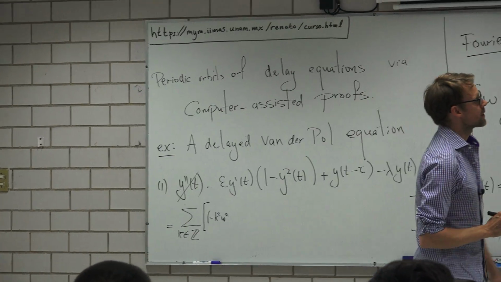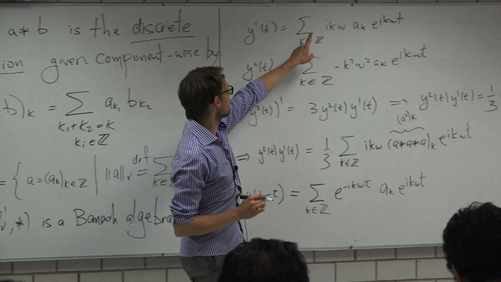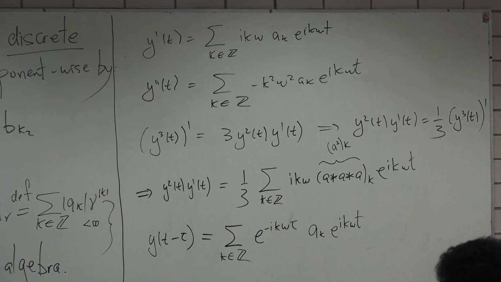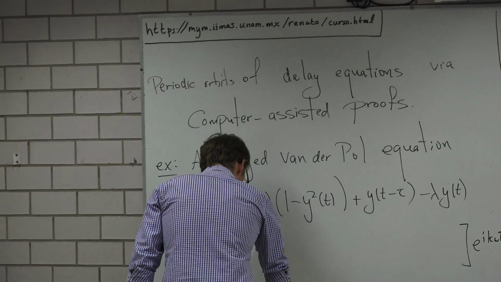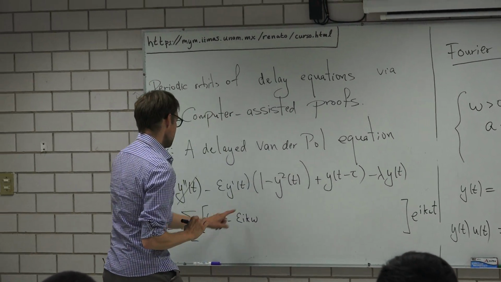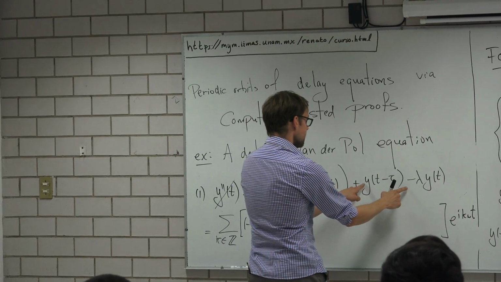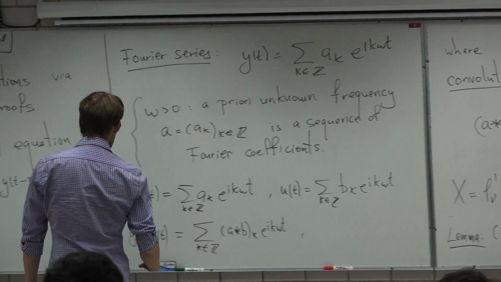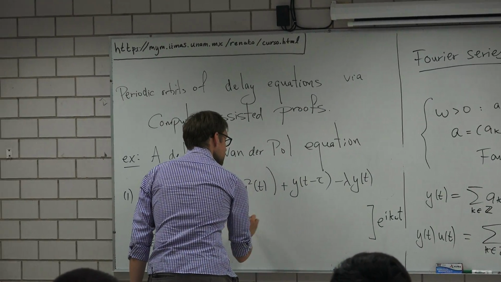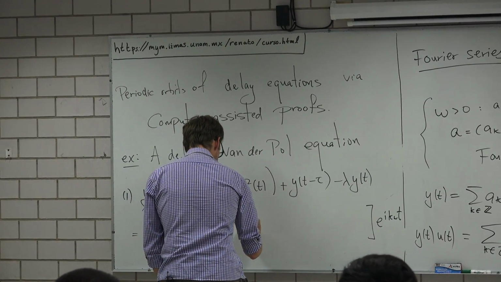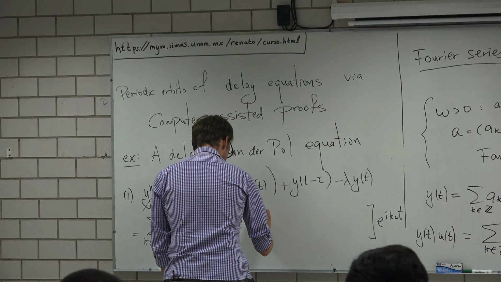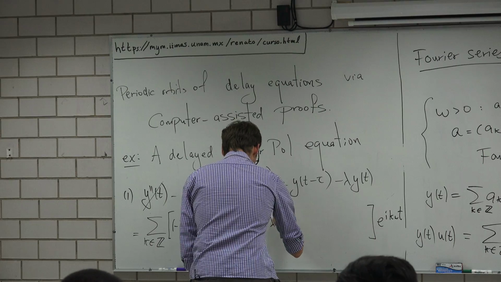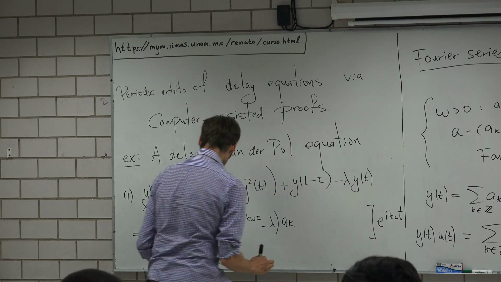Epsilon prime here is this, so it's minus epsilon times ik omega. I'm going to put that outside, and then this is now the shift, so it's plus e to the minus ik omega tau, minus lambda. So everything here times a_k. So this is the linear part.